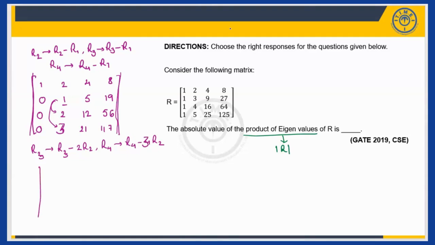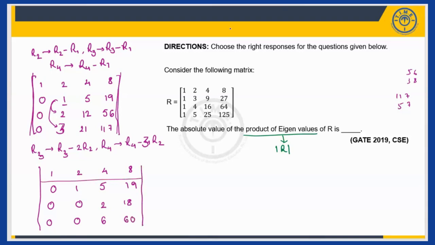So now, what do we get? That is det of 1, 2, 4, 8, 0, 1, 5, 19, 0, 0, 12 minus 10, that is 2, 56 minus 38, that is 18, 0, 0, 21 minus 15, that is 6, 117 minus 57, that is 60.